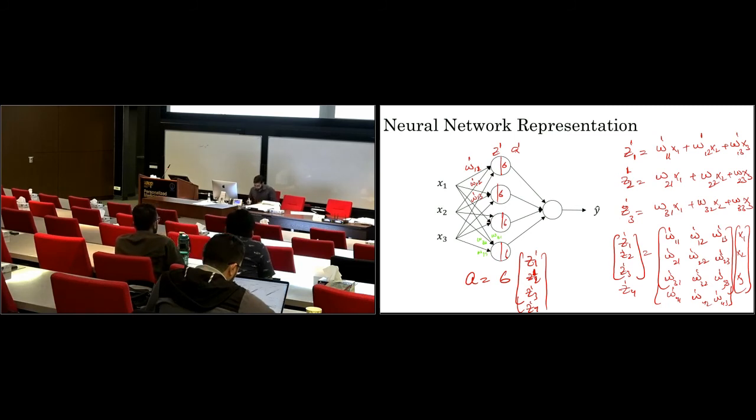Now let's look at the second layer. So you have W2 1.1, W2 1.2, W2 1.3, and W2 1.4. Okay. Again, you can write it in matrix form. So that would be A1 times W2 transpose, where W2 is the weight matrix.